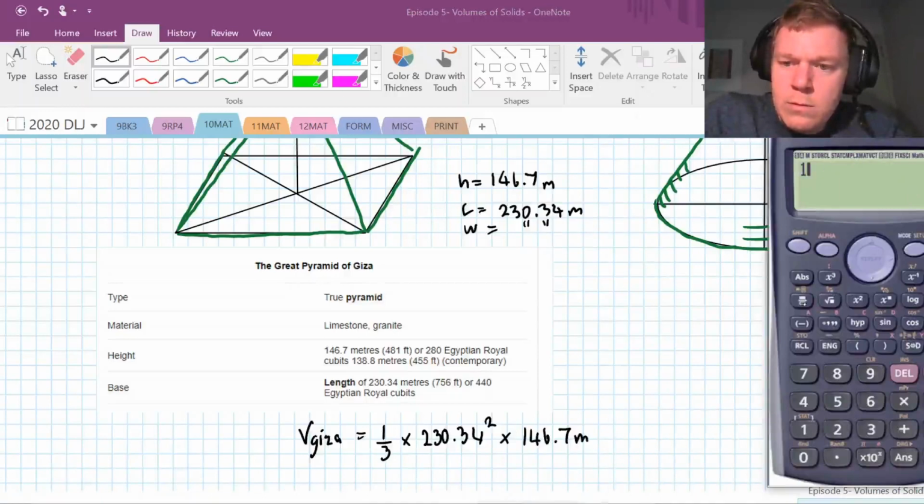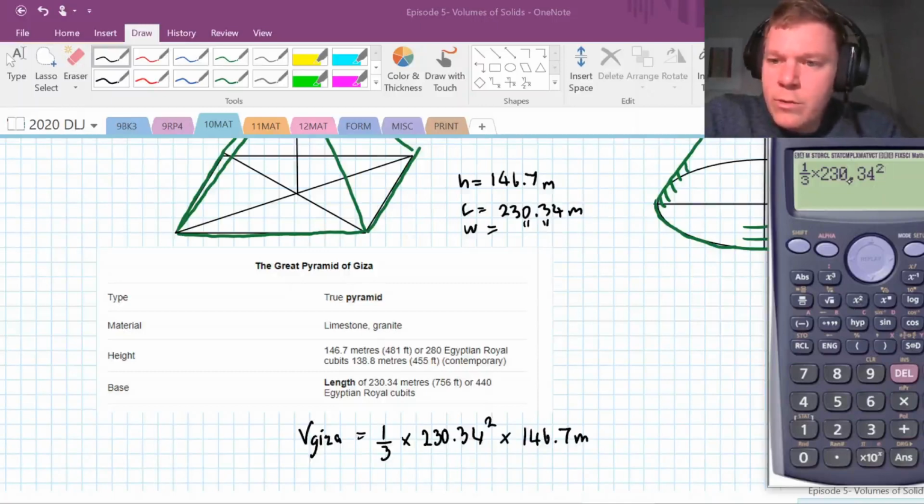One third, oops. Do you have to press it first? Okay. 230.34 squared. I'm squaring it because I don't want to have to write 230.34 again. That's a lot of effort.